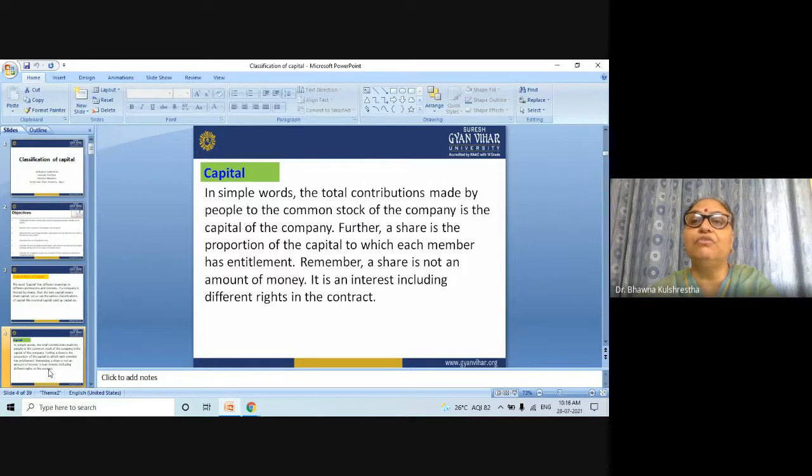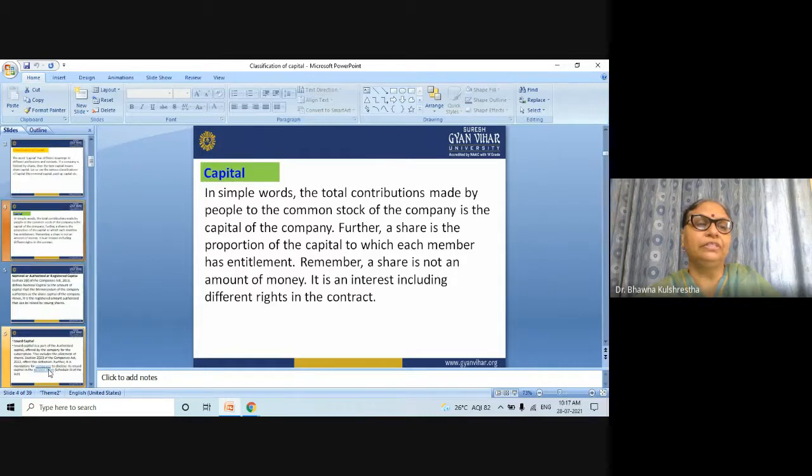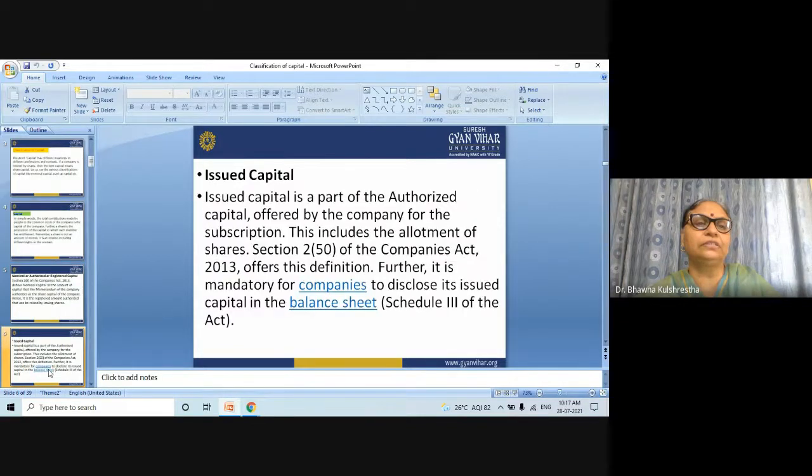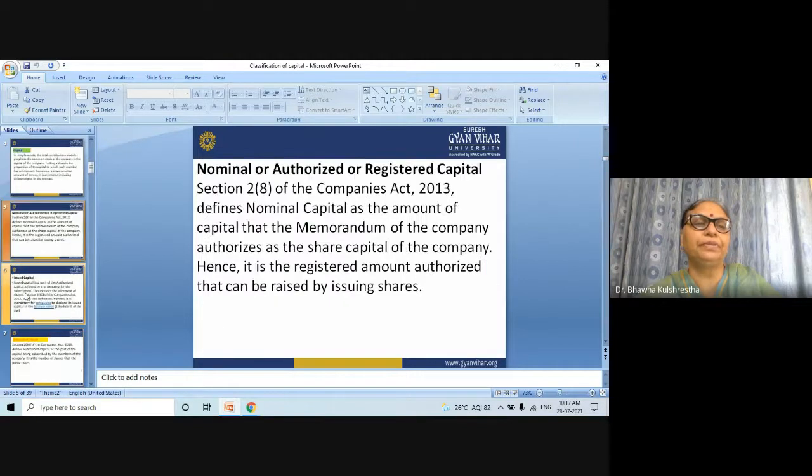These are the five ways in which the term capital is used. First of all, we discuss all the capitals one by one.